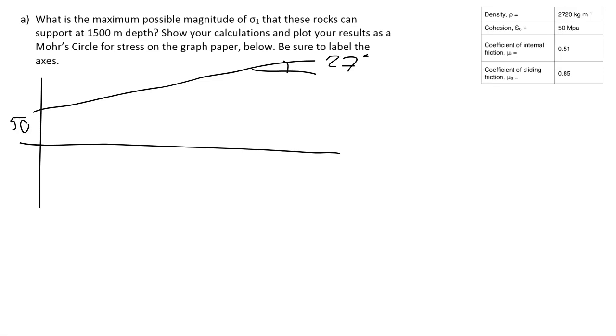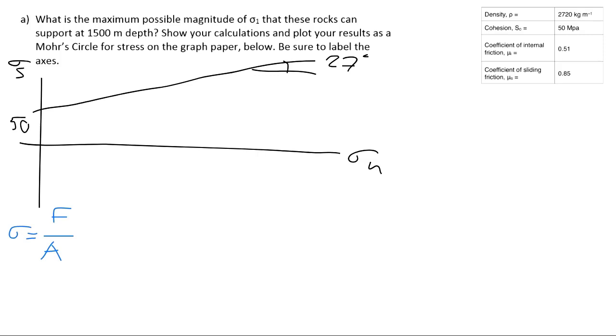and we know the value of this portion, or the cohesion, is 50 megapascal. So I need to find my sigma 3, right? And let's see how we're going to do that. So let me do it in different colors. Sigma is equal to force applied per unit area, right?